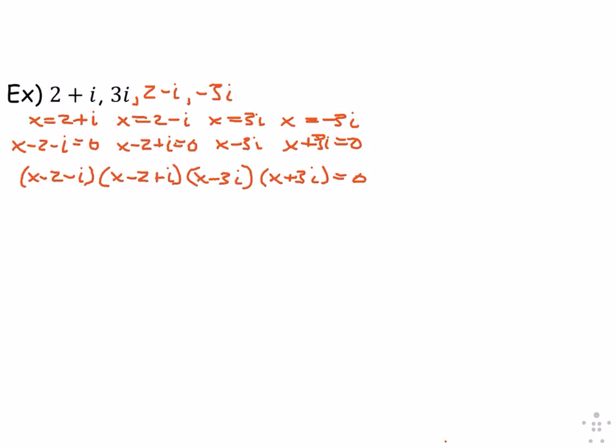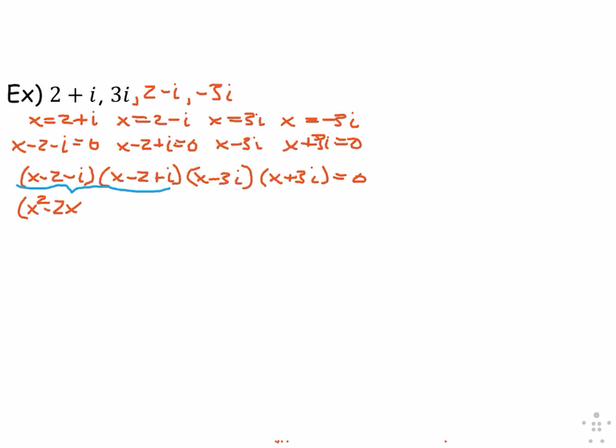So I'll take the first conjugate pair, and I'll distribute. So I get x times x for x squared. And then x times -2 is -2x. And there are shortcuts here that I'll show. And then x plus i.